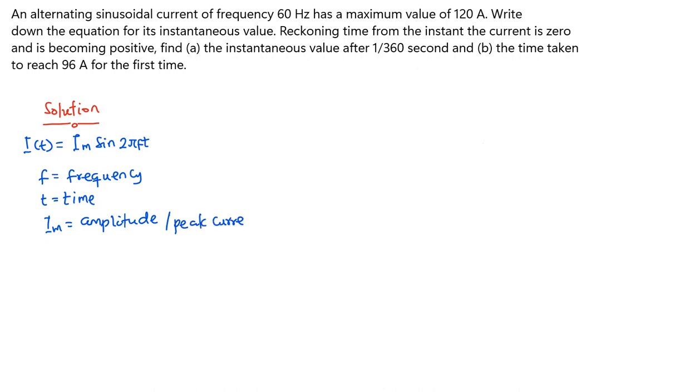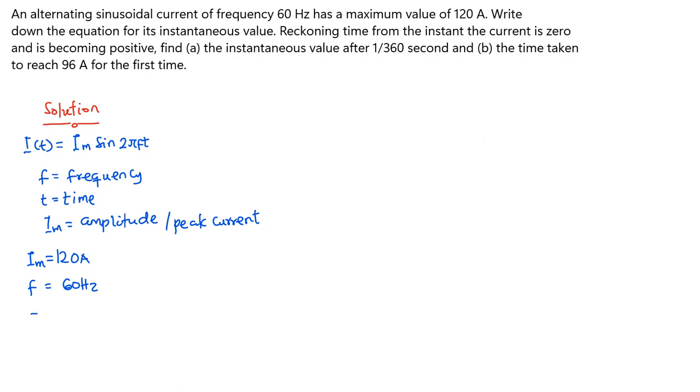So from this question that we've been given, we know the maximum value, which is 120 amperes, and then we know the frequency, which is 60 hertz. The question says that we should write down the equation for its instantaneous value.